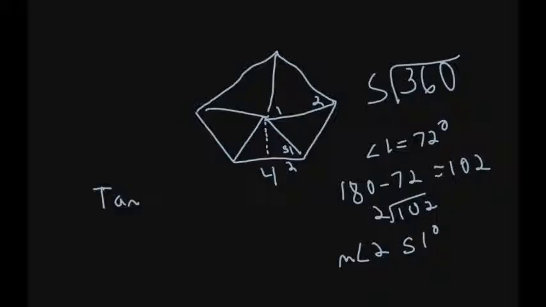So tangent of 51 equals opposite over adjacent. So that would be x over 2. To solve, I'm going to multiply by 2. So 2 tangent 51 equals my x. Type that in my calculator: 2 tangent 51.